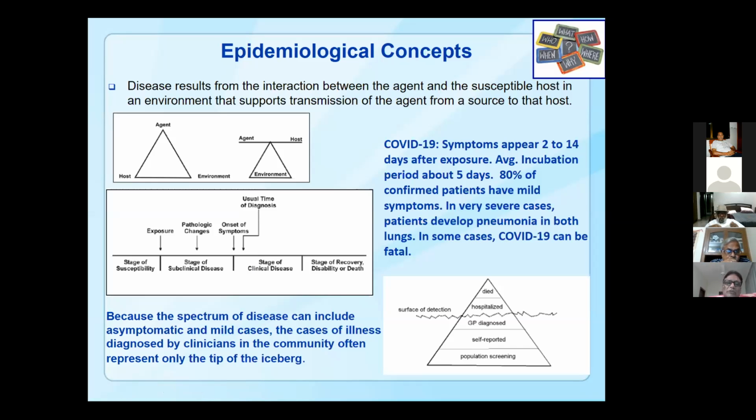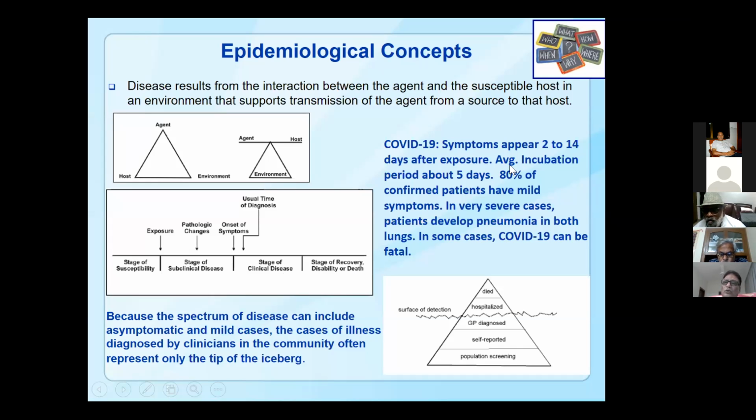He says, let's observe you for a day or two. So then the clinical disease progresses, and then later on, depending upon whether the patient is treated or not treated, depending upon his immune status, there's a stage of recovery, or sometimes for certain diseases, they go into what is called disability, or sometimes the patient dies. So this is what's called the natural history of disease.